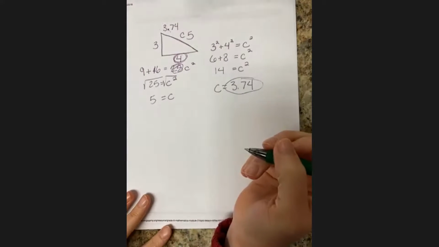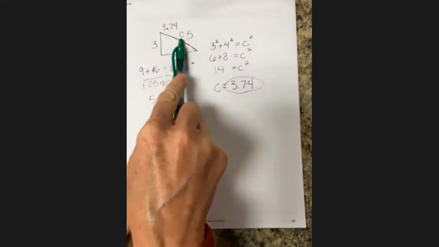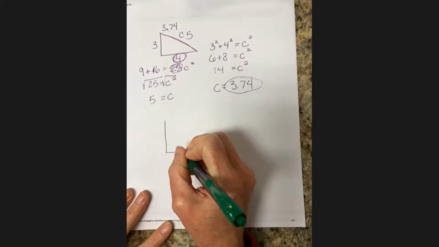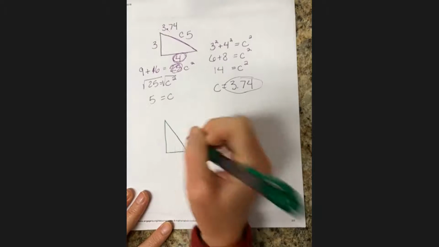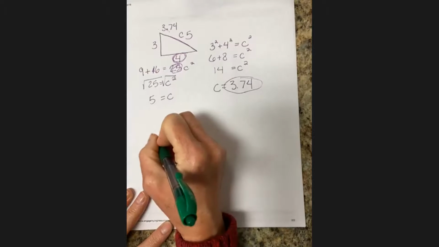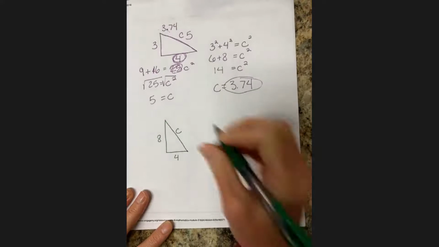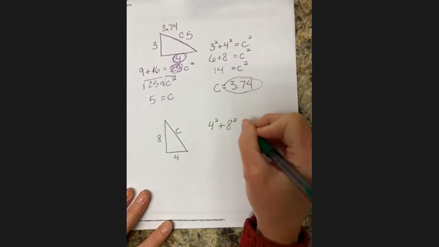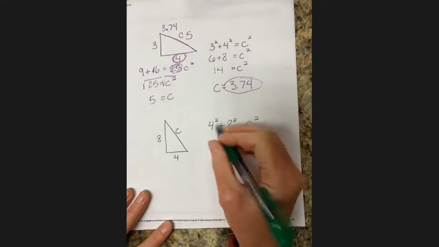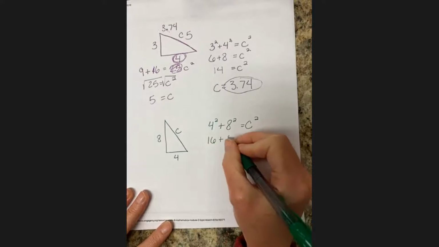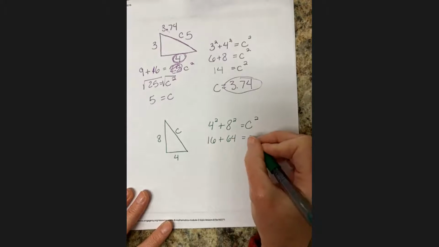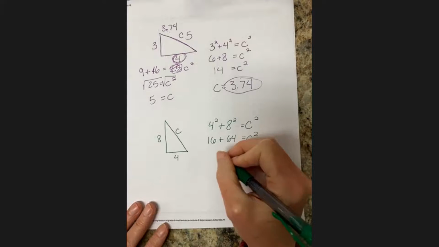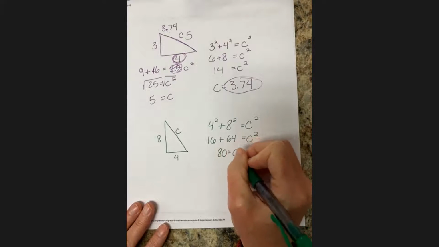So, okay, I'm going to do a different problem. We're going to say this is 4, this is 8, and this is C. So I know that 4 squared plus 8 squared equals C squared. 16 plus 64, that's 80 equals C squared.